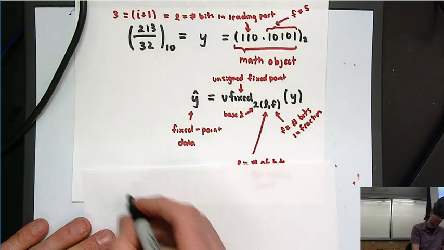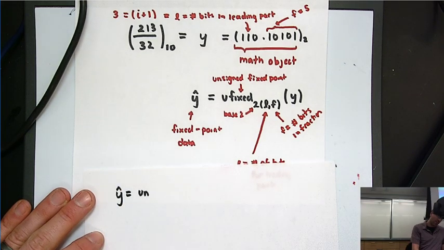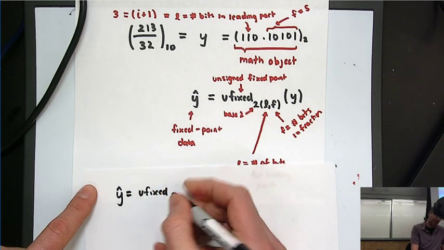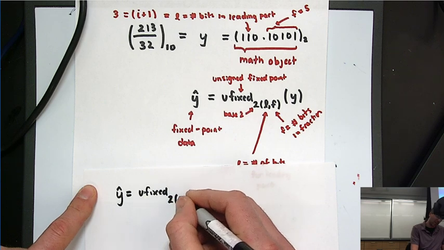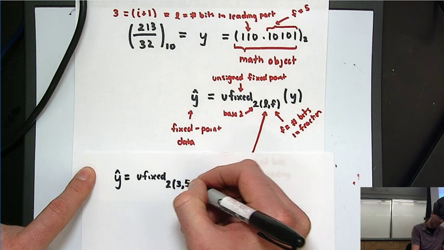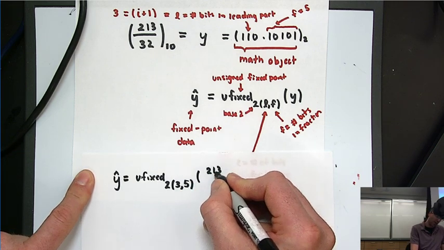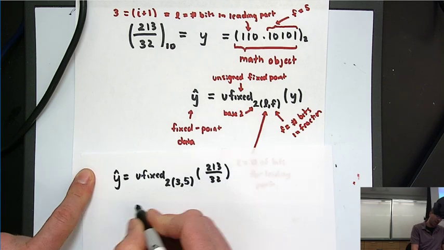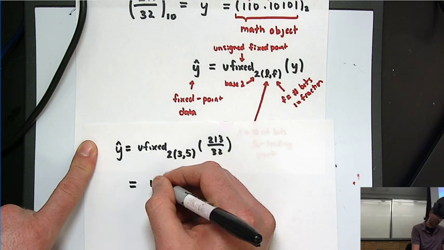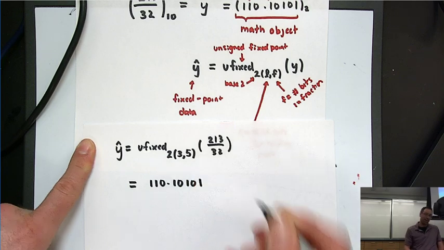So you're telling me if I stored this in the unsigned fixed integer data class, which MATLAB has not constructed yet, right, with 3, 5 of the number 213 divided by 32, the corresponding bit string that I would expect to see would look something like 110.10101.